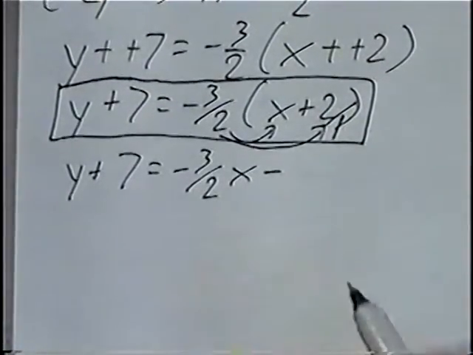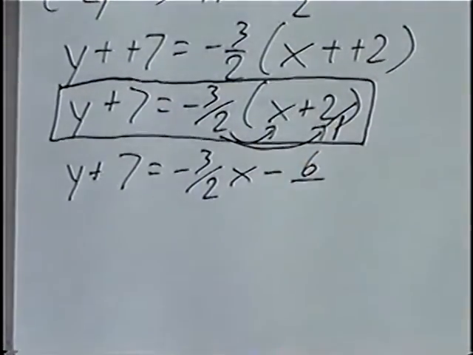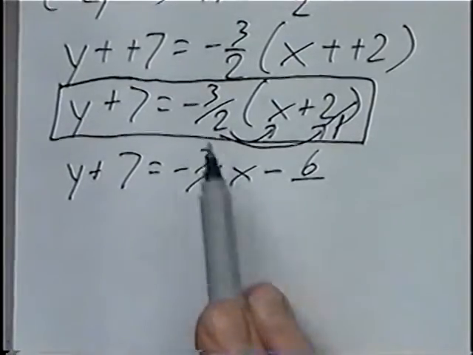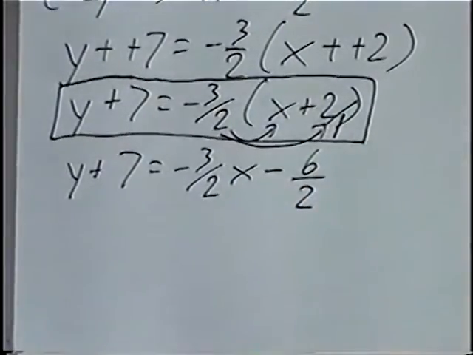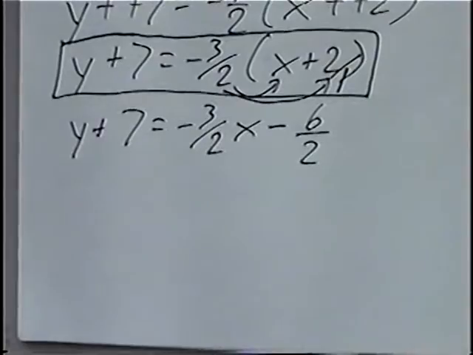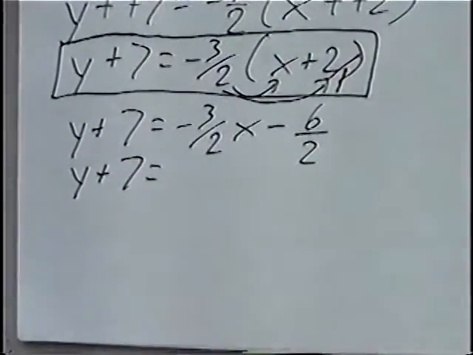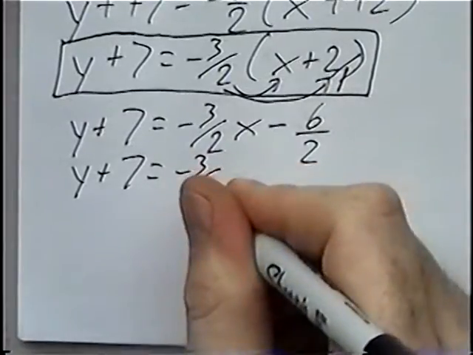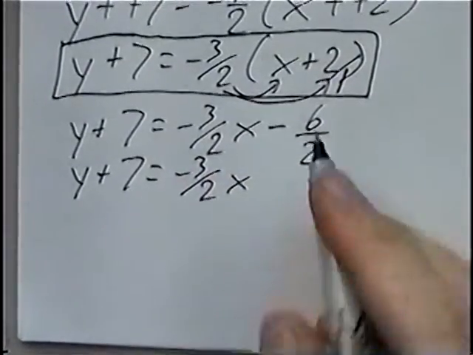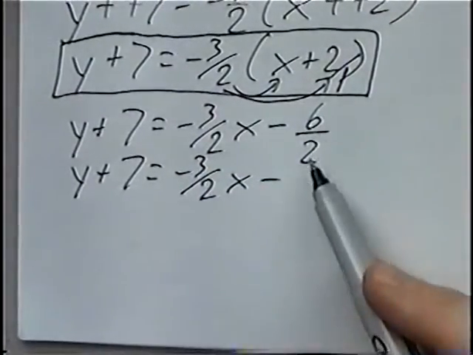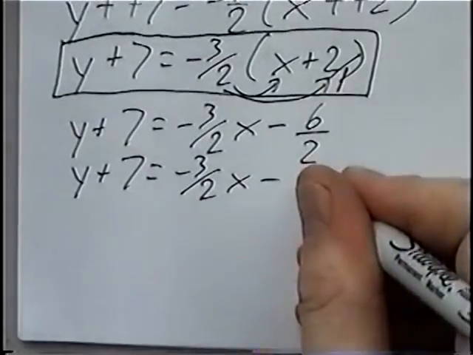Multiplying 3 times 2 would be 6, and the denominators 2 times 1, which should be 2. Simplifying, y plus 7 equals negative 3 over 2x minus 6 divided by 2 would be 3.